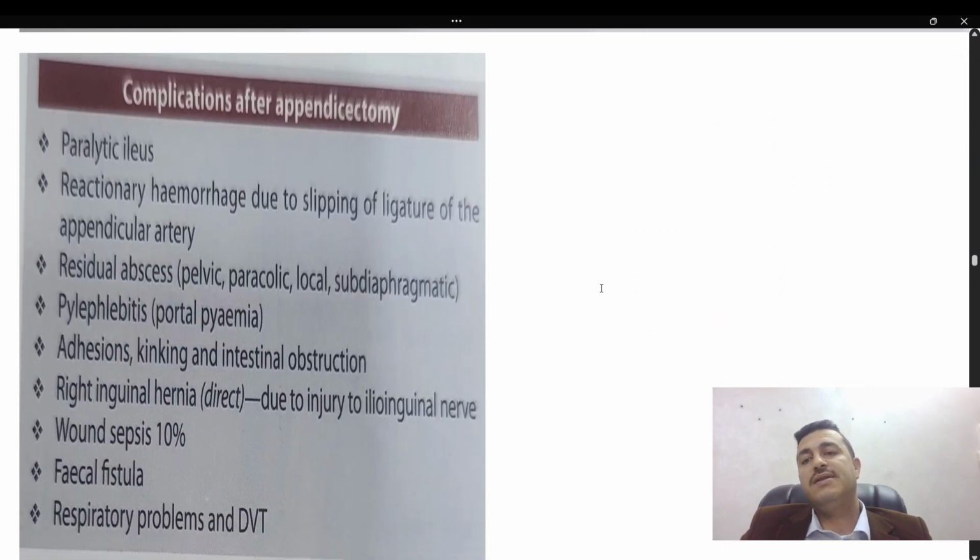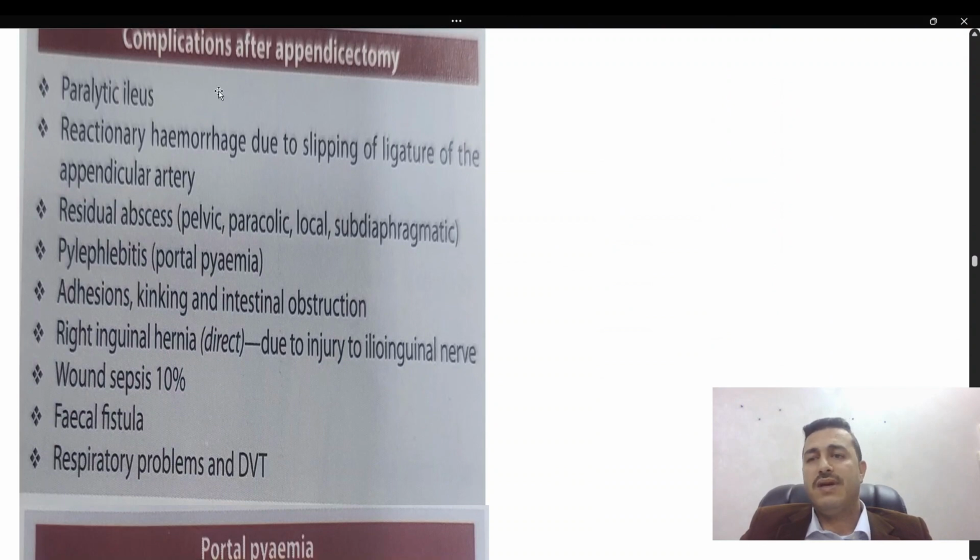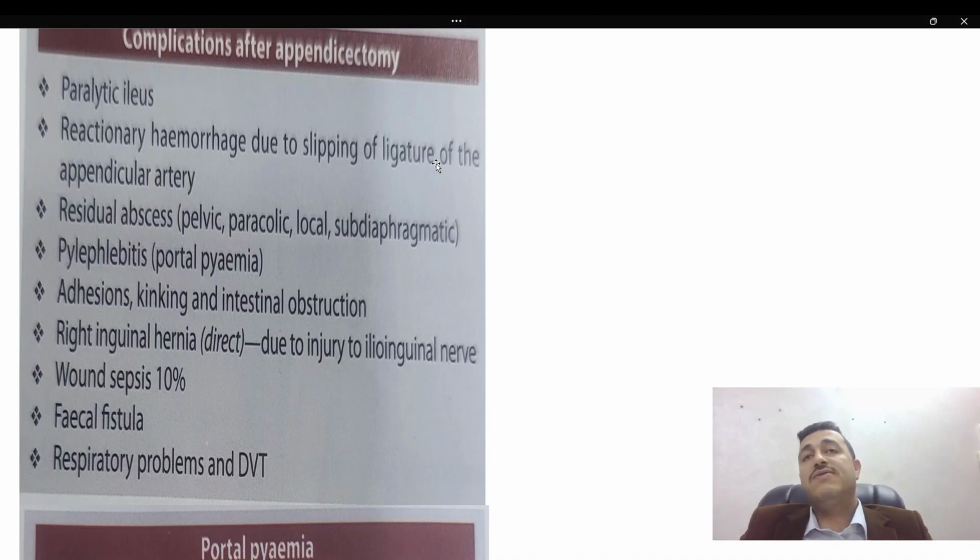This is not mandatory. Here is some review about the complications we already discussed. Paralytic ileus, of course, is more common in the open appendectomy because of manipulation. Reactionary hemorrhage is when there is a clot and after 2-3 days the clot is dissolved, so this is called reactionary hemorrhage, due to slipping of the ligature, or when the ligation or the clip we put or the vicryl we transfix slipped out, so reactionary hemorrhage can present from the artery.